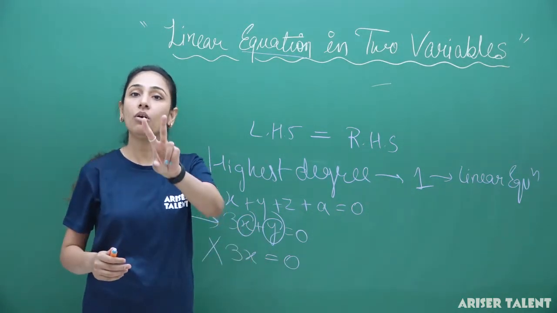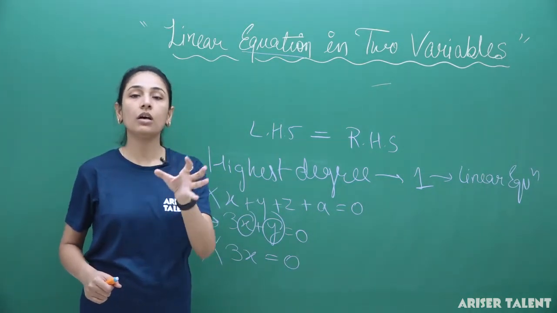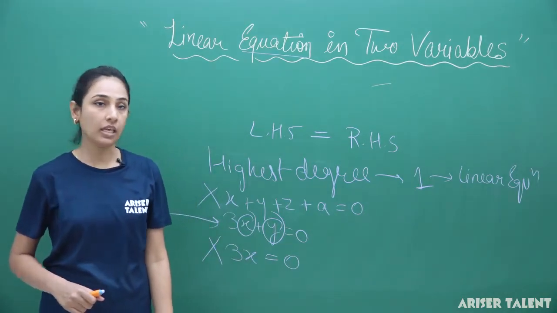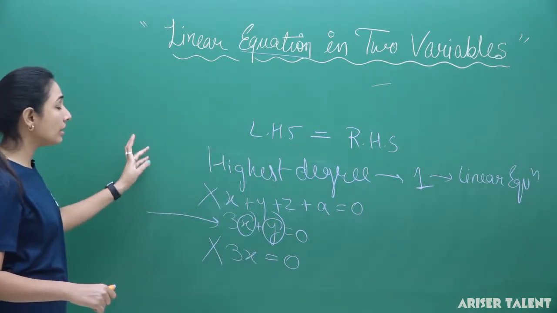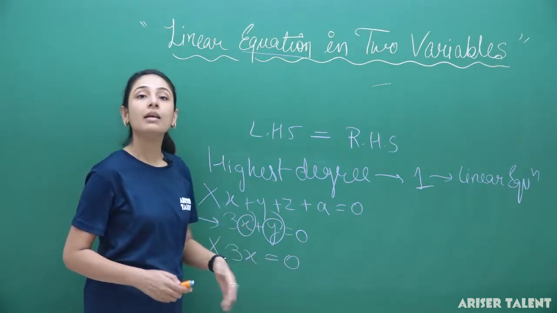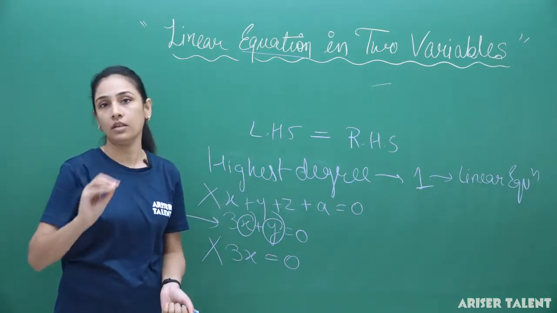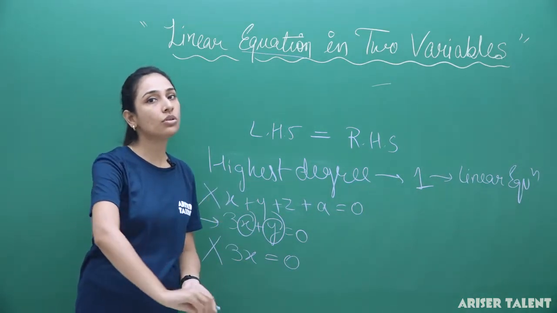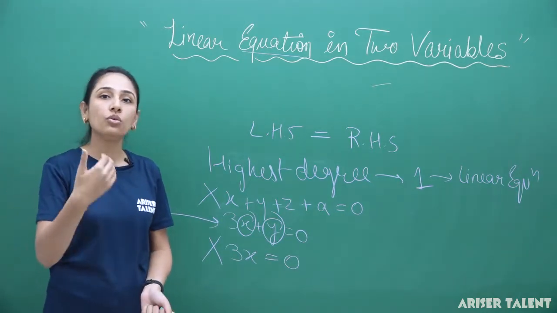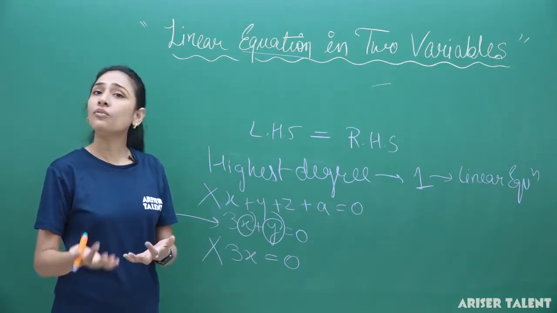For our convenience, most of the time we put x and y as our two variables. The highest degree should be 1. The degree cannot be a fraction number.